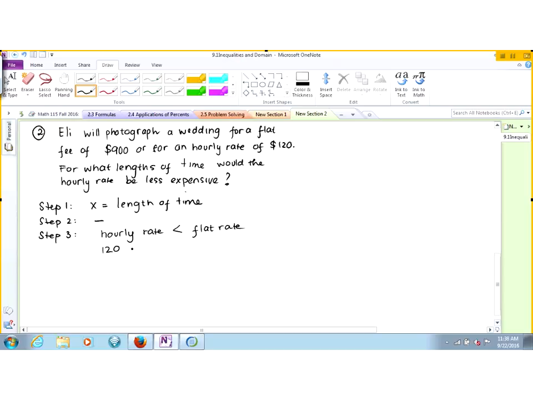What's my inequality? 120 is less than 900? Is that how I should write it? 120 what? X. Yeah. Right? The length of time, the number of hours. Yeah. So 120x is less than 900, so divide both sides by 120. What is it, 7? 7.5. Yeah.